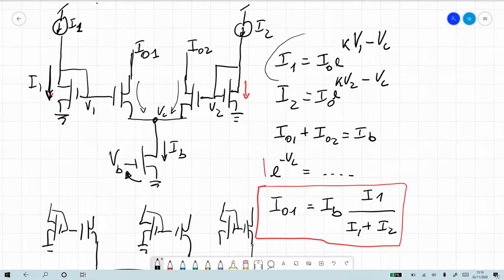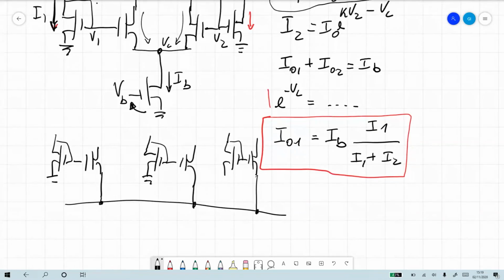And the output has the unknown e to the minus VC, which is here. So if you solve for e to the minus VC using the two equations and you replace it back into I1, you will get I1 as a function of IO1, and then you can rewrite IO1 as a function of I1.